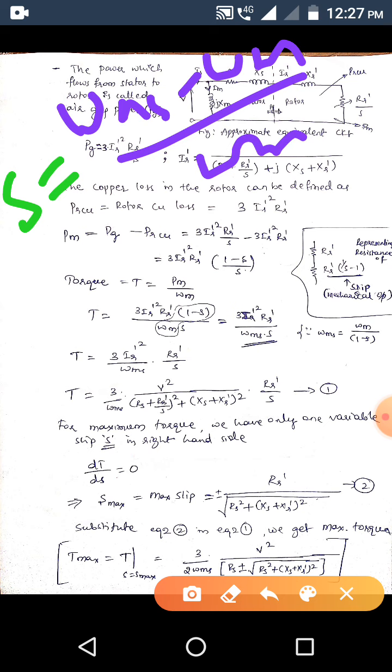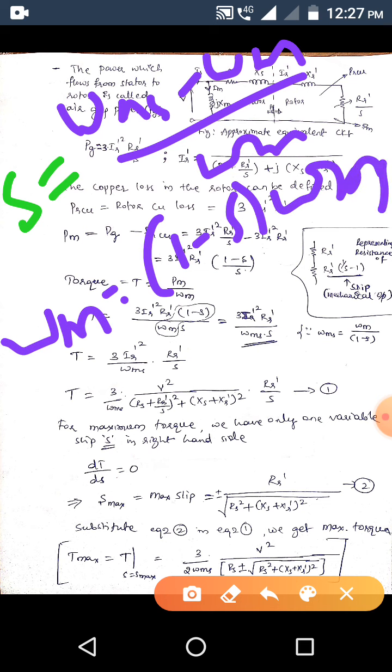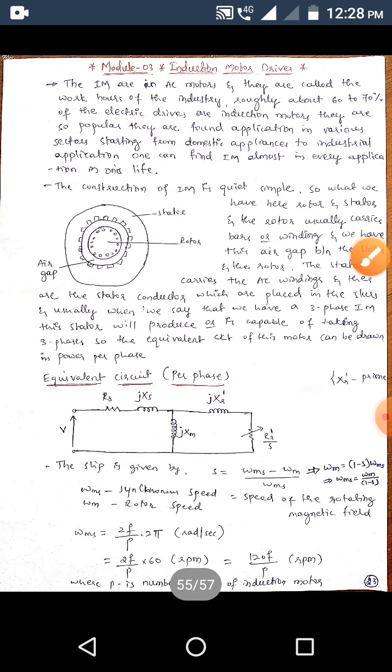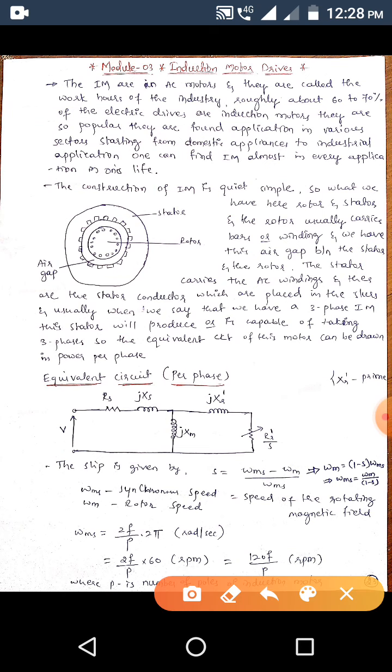So then omega m is equal to (1 minus s) into omega ms. If you simplify this equation, we will get the rotor speed here, omega m is equal to (1 minus s) into omega ms, or omega ms is equal to omega m divided by (1 minus s).